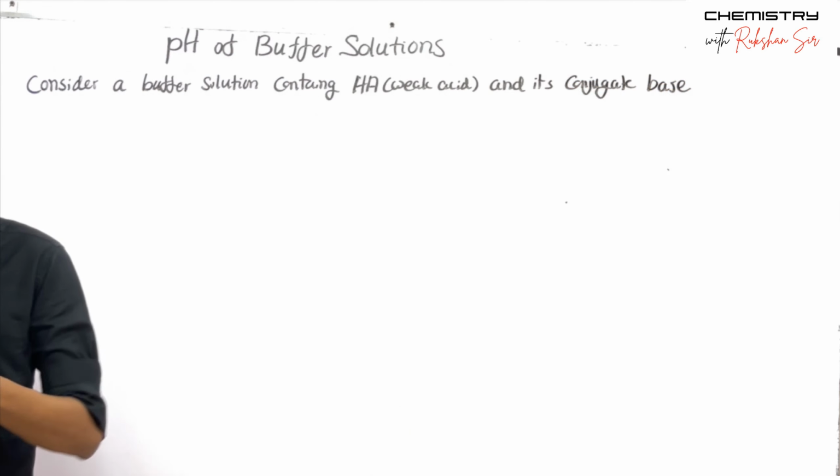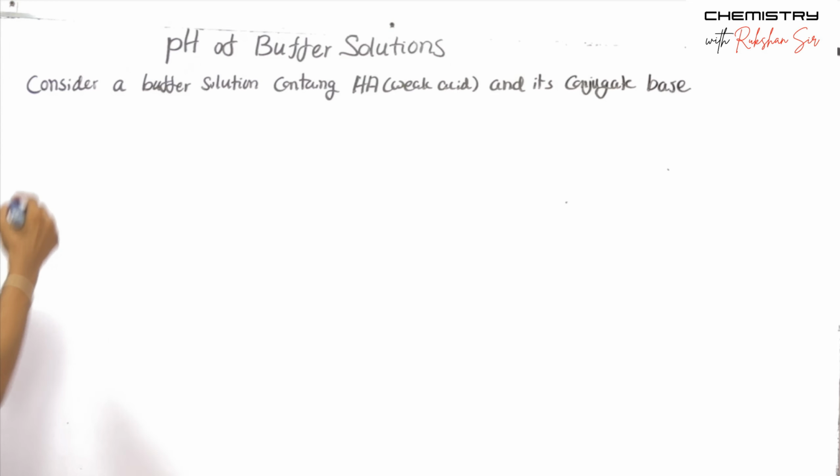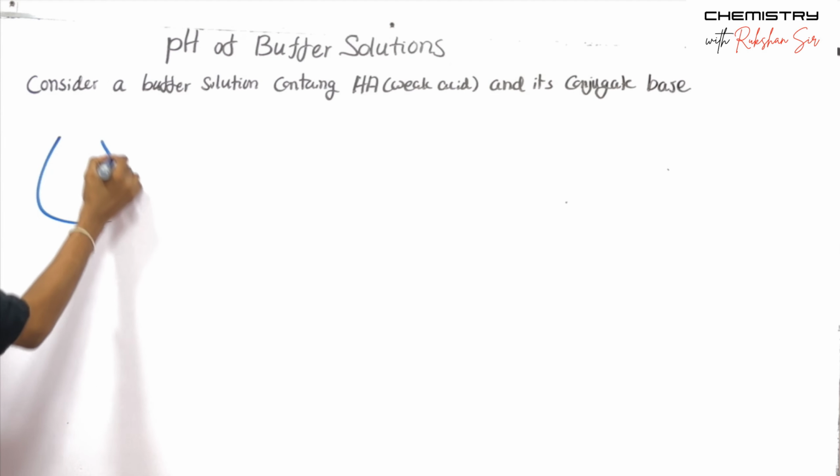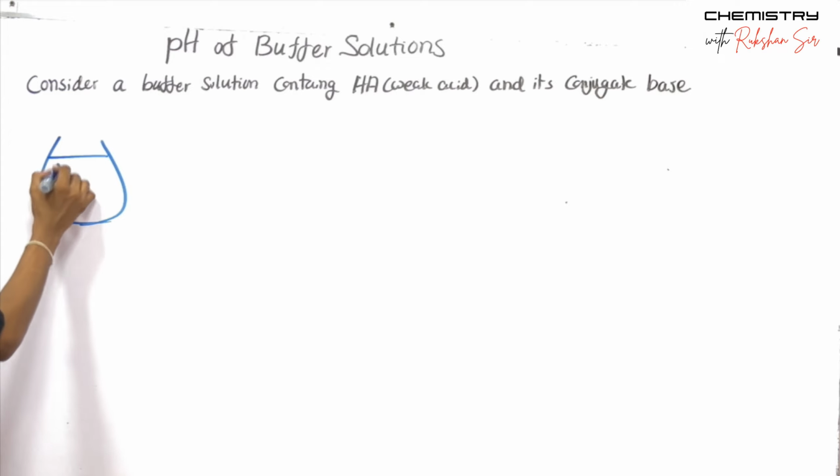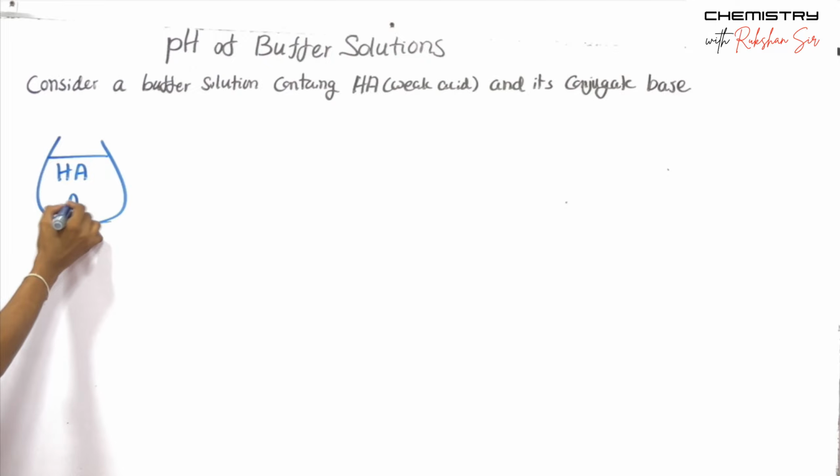Right? Consider this buffer solution. So now you are with the buffer solution containing HA and A minus.